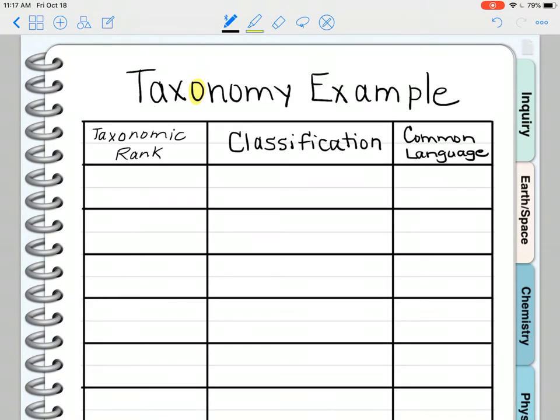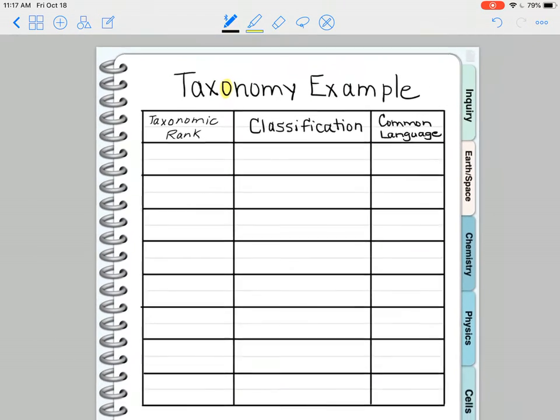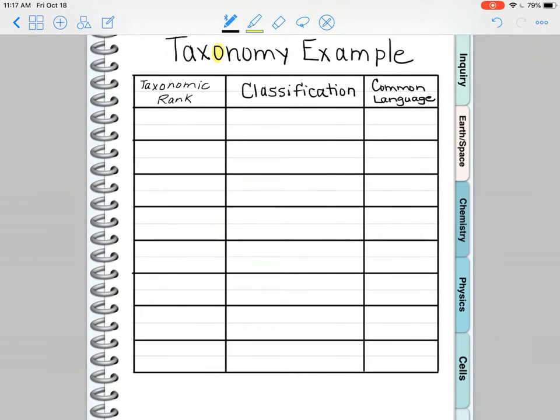So let me give you the ranks in order, and I want you to write these in with me. The first one is domain. That is the highest rank. Well, I'm just not having any luck with spelling today. The domain is the highest rank on the table.